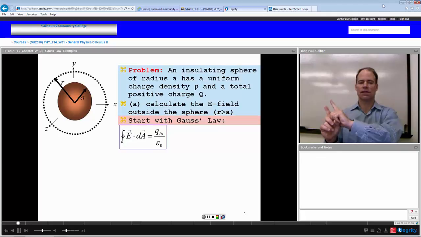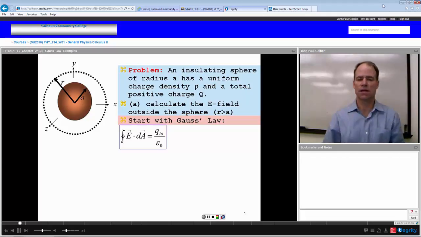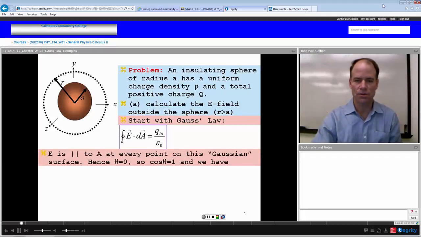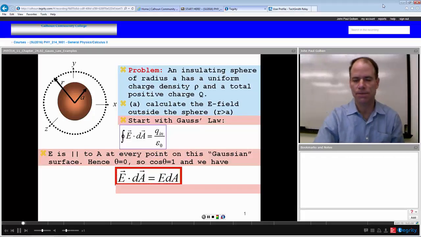Hence, on the Gaussian surface, the E field and the area vector are going to be parallel everywhere on that surface. So E dot dA is going to be equal to E dA cosine 0, which is just going to be E dA.